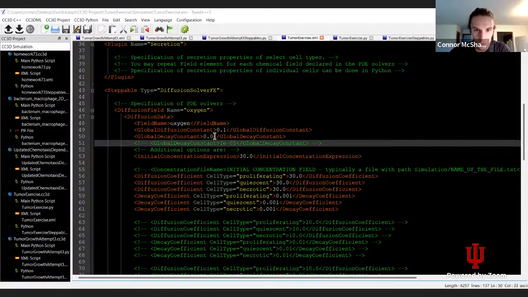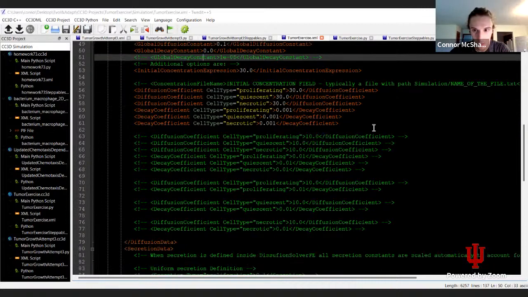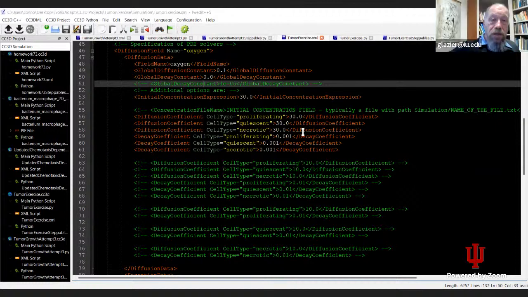Okay. So global decay, 0. And then this is where I tried a few different variations, but this is the one that's active. Oh, so you've set the diffusion constant to be 0.1 outside, in line 49. So why don't you make that 30 everywhere?